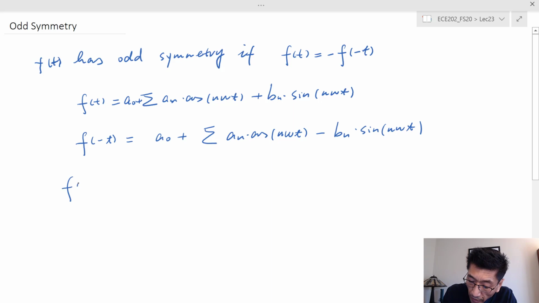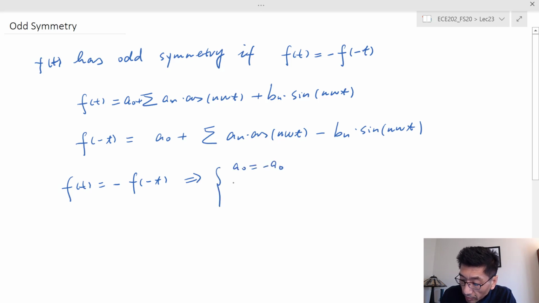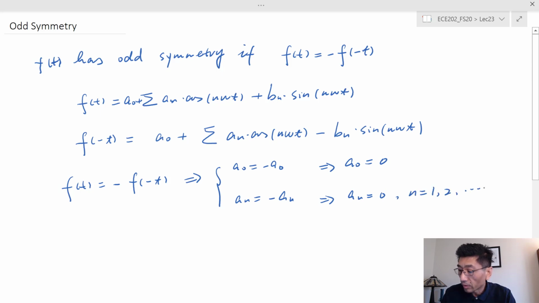And for f(t) equal to negative f(-t), we will have a0 equal negative a0, and if we compare the Fourier coefficients, an equal negative an. Therefore we have a0 equal 0 and also an equal 0 for n equal 1, 2, and so on. For the bn, we don't really have any constraint.